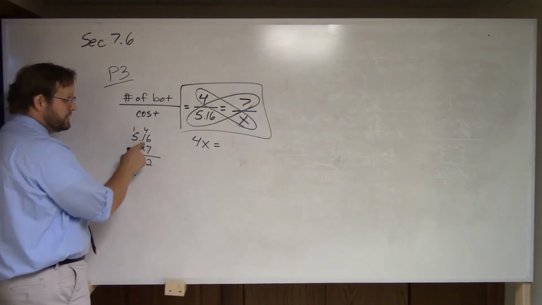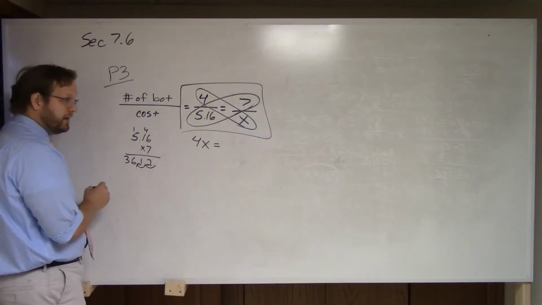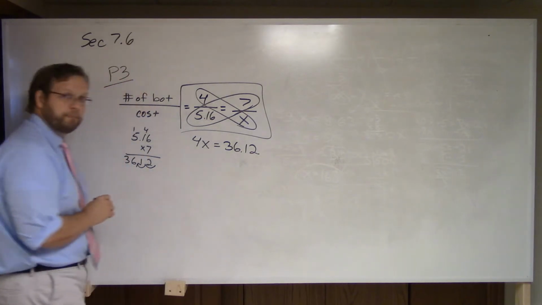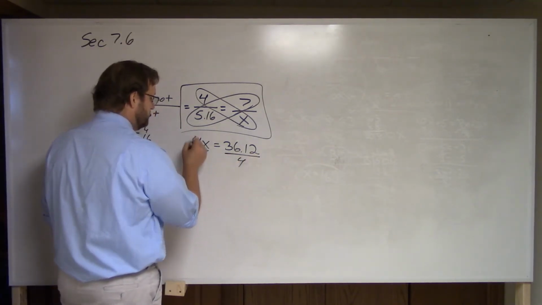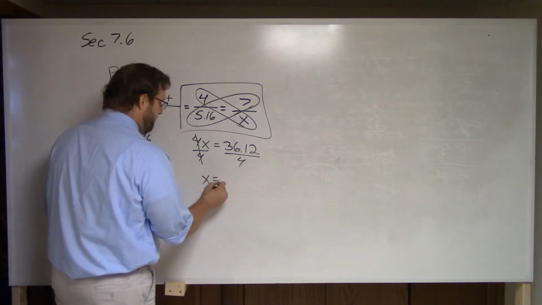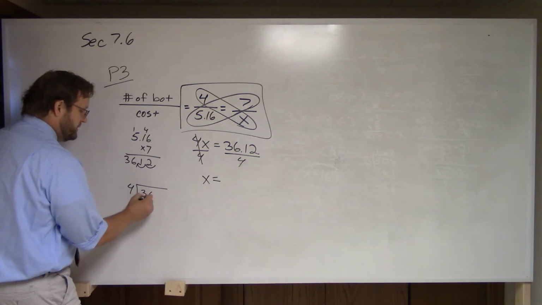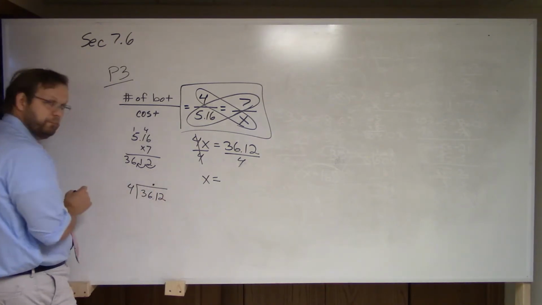There were 2 decimal places here, so I move 2 decimal places back. So I have 36.12. I then divide by 4, and then I have to take 4 going into 36.12. I bring that decimal right up.